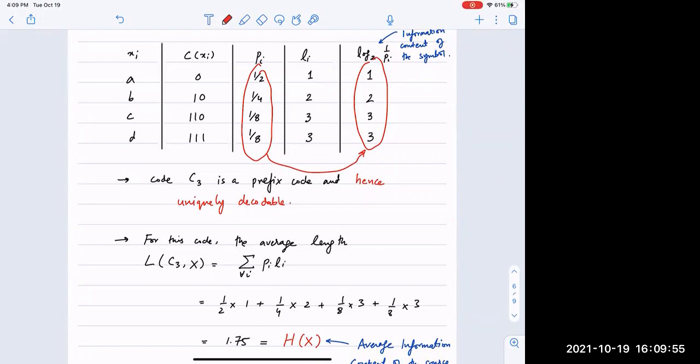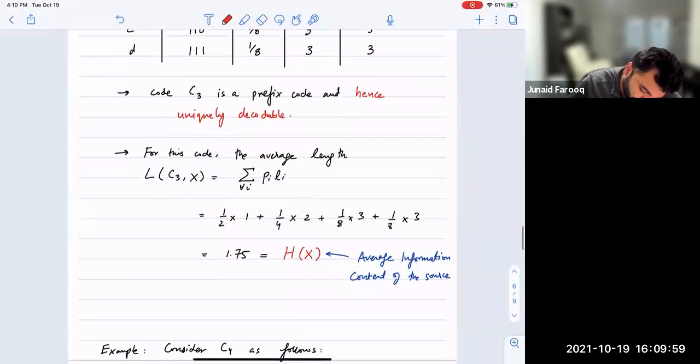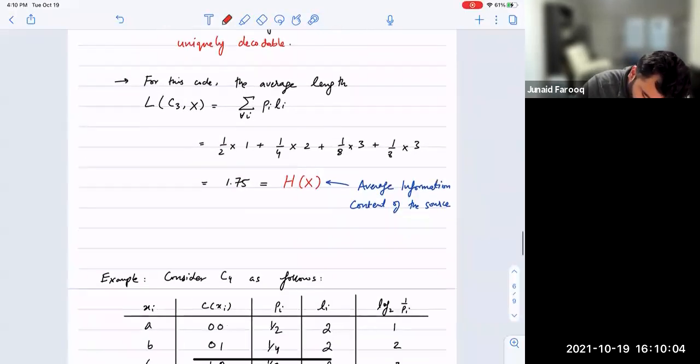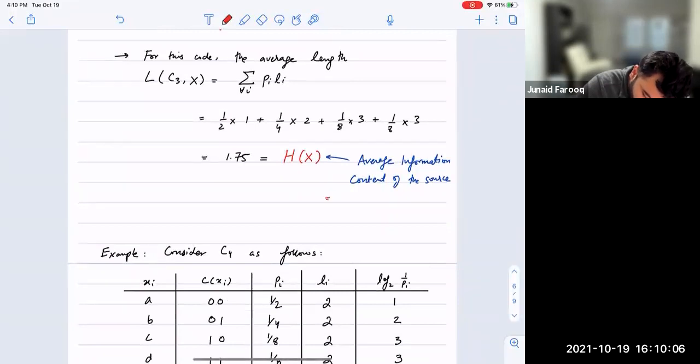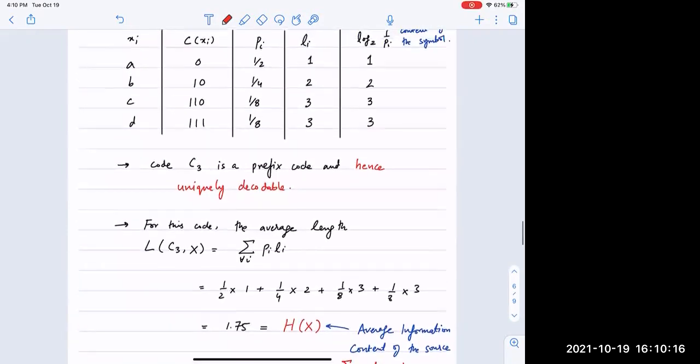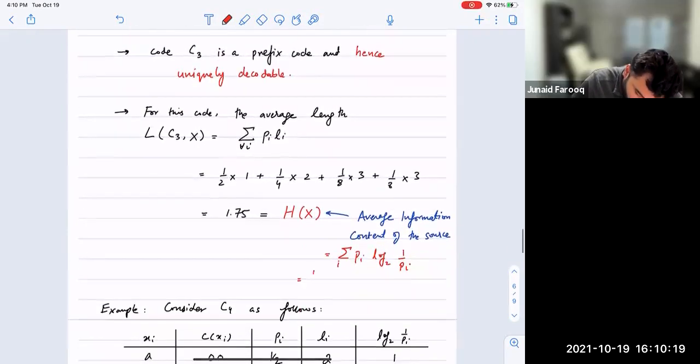Now the entropy is just the average of this. Maybe I should write this down. So what is H of X? It is actually summation pi log 2 1 over pi. So that's going to be 1/2 times 1 plus 1/4 times 2 plus 1/8 times 3.